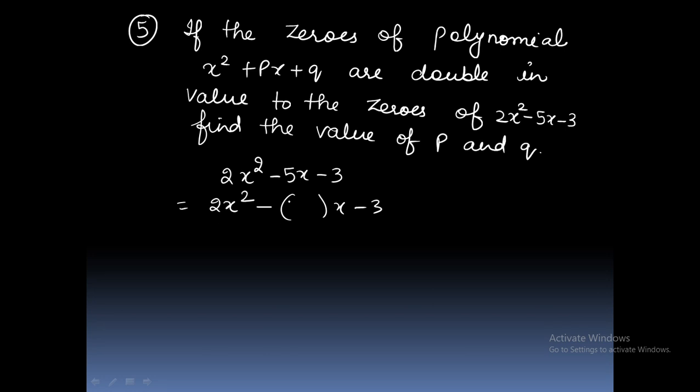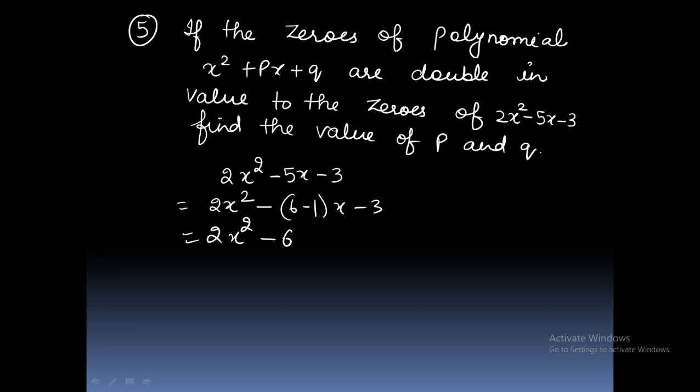We have to take those two numbers which add to give 5 and multiply to give 6. These numbers are 6 and minus 1. When we add, we get 5, and when we multiply we get 6.